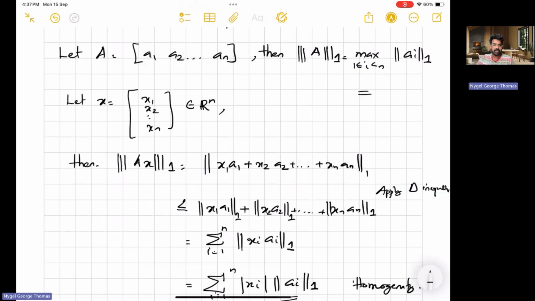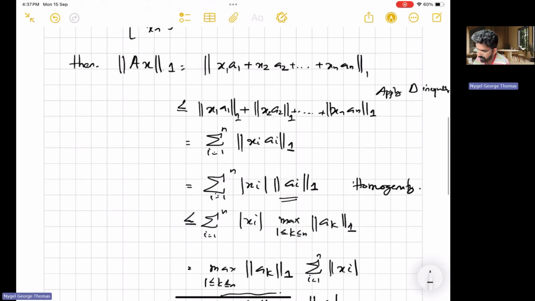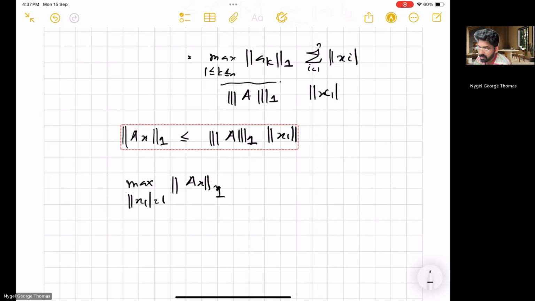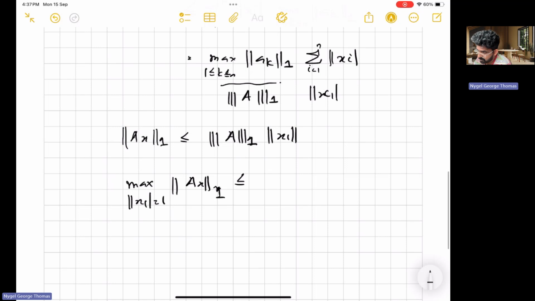The left side is not a matrix norm, this is a vector norm. So the L1 norm of Ax is less than or equal to the maximum column sum norm of A times the L1 norm of x. But by definition, we have the norm of x equal to 1, right? So if you put norm of x1 equal to 1, this is less than or equal to the maximum over k of the norm of ak. This is the first part of our proof.